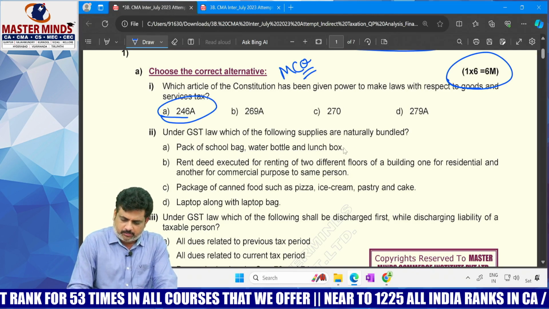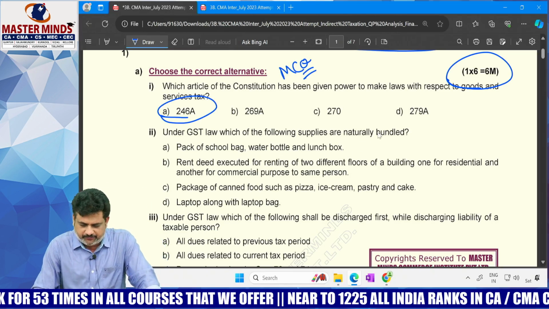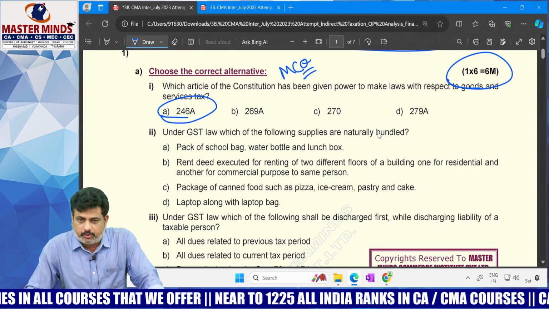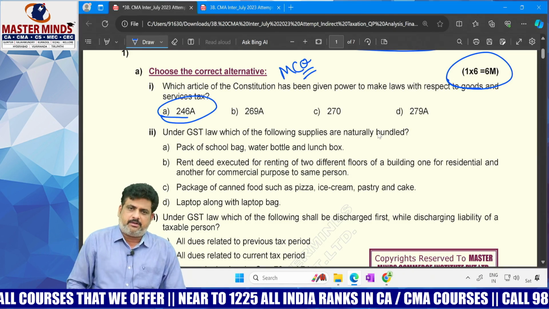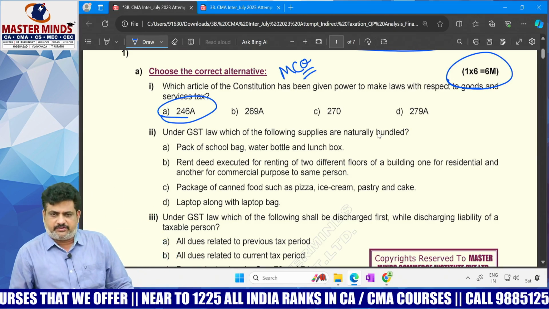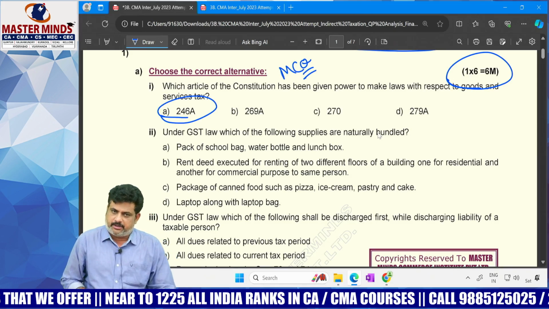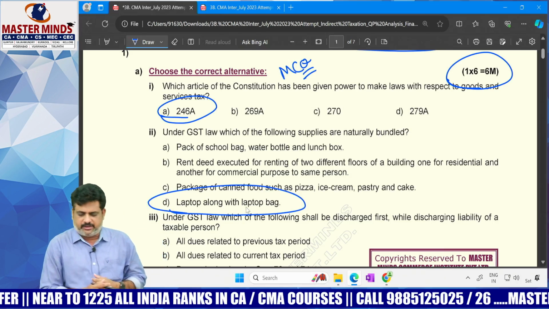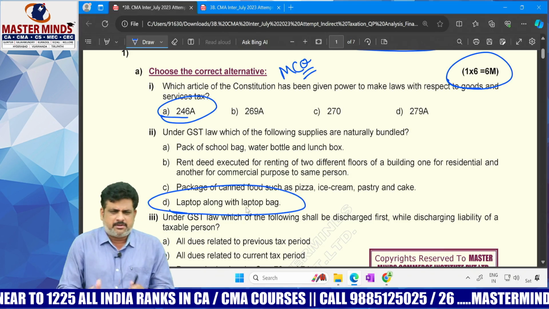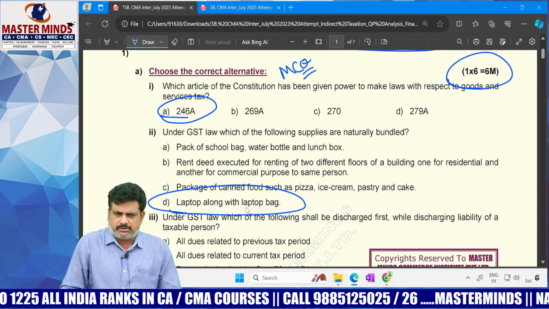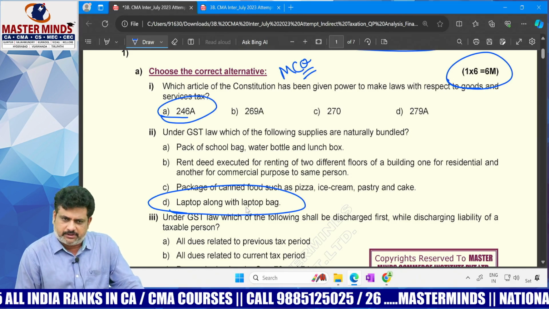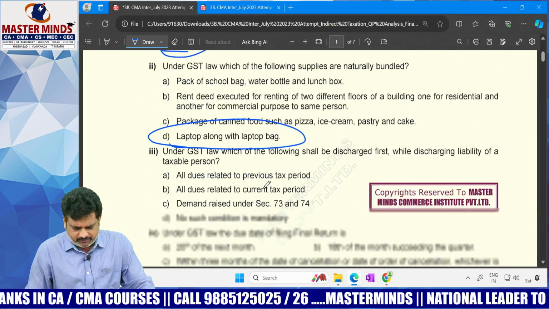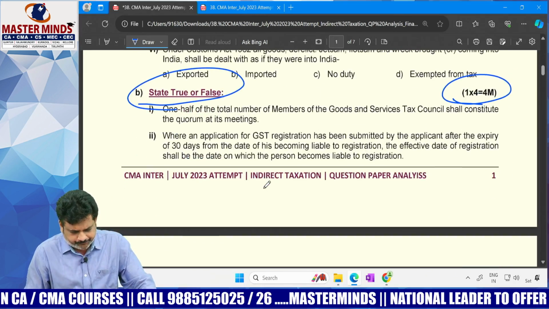Pack of school bag, water box and lunch box, artificial bundle; rent deed executed for renting of 2 different floors, artificial bundle; canned food, pizza, ice cream, pastry and cake, artificial bundle; laptop with a laptop bag. I think it is a straightforward one, a natural one. Like that, in our CMA Inter, the straightforward questions are going to be asked. You can check randomly with respect to other ones also.